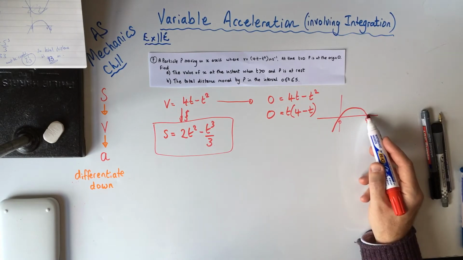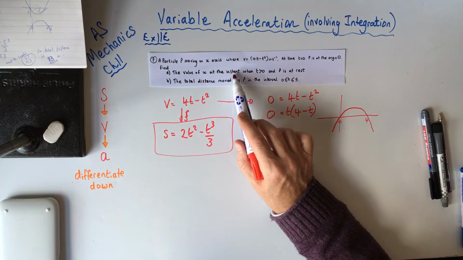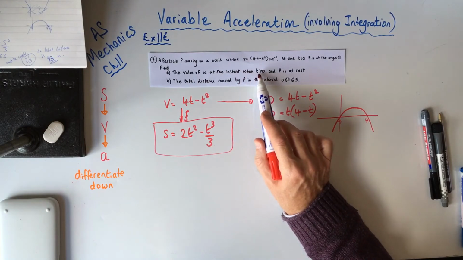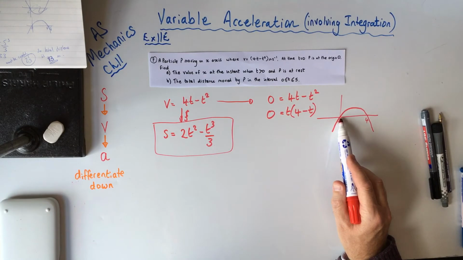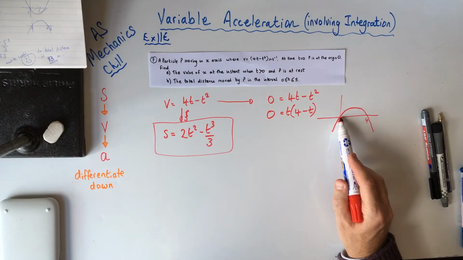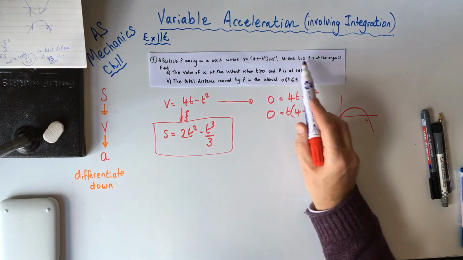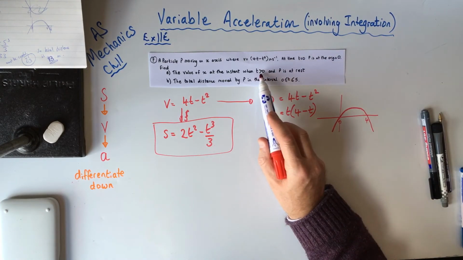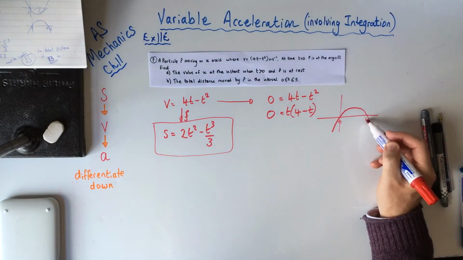So it's instantaneously at rest here, and it says find the value of x at the instant when t is greater than 0. We know that at t is 0 the displacement is 0, but it's asking for this particular point here, the time greater than 0 when it's at rest. Okay, and it's at rest here.